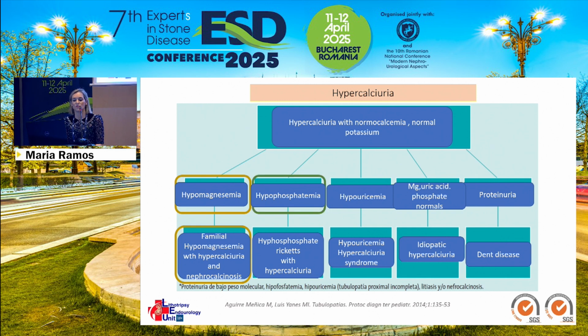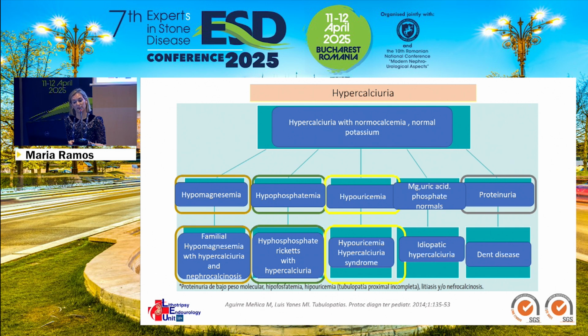If we have a low phosphate in blood, maybe we have hypophosphatemic rickets with hypercalciuria. If we have a low uric acid in blood, maybe we have this tubulopathy, hyperuricemia, hypercalciuria syndrome.